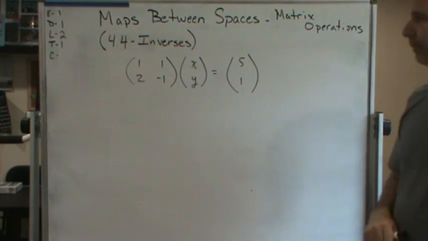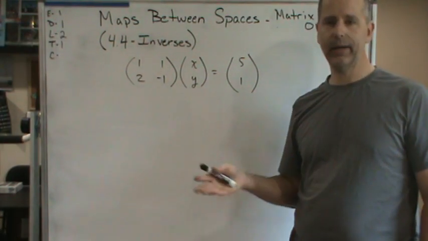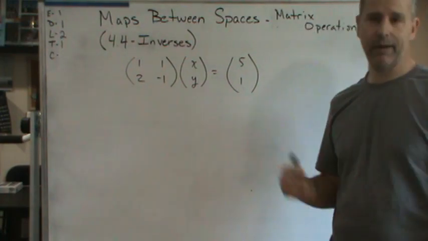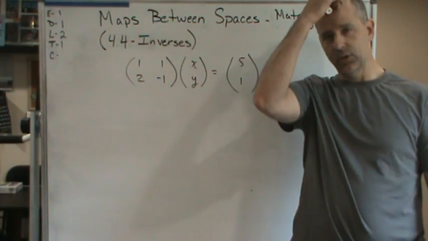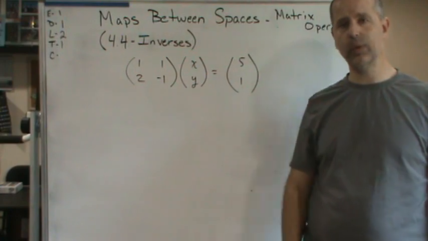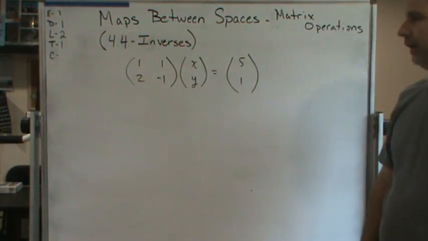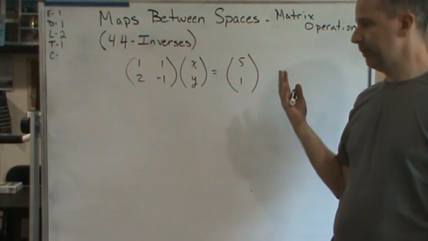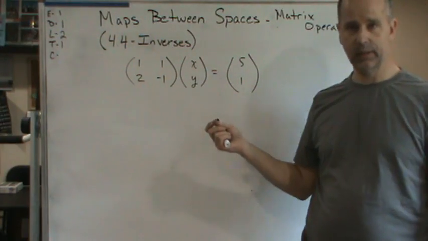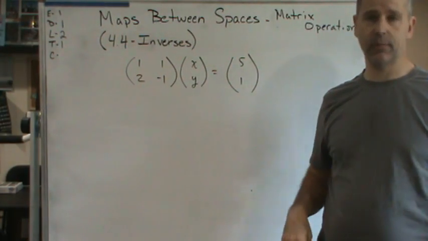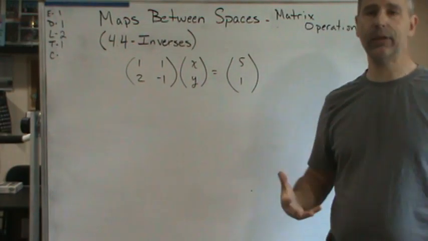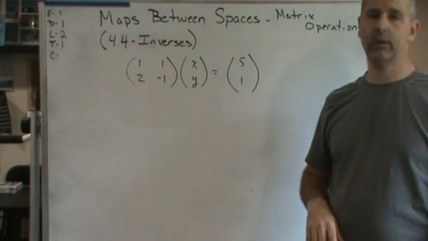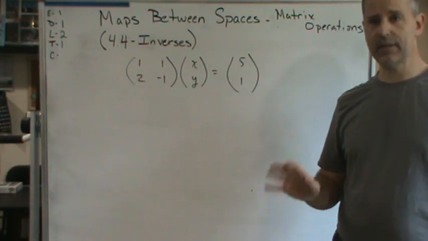One question that may come up is, hey, why do we need to use inverse matrices when we have Gauss's method? There's really two reasons. One is if we do the work and find the inverse matrix for a linear system, then we can use that same matrix to solve other related systems.